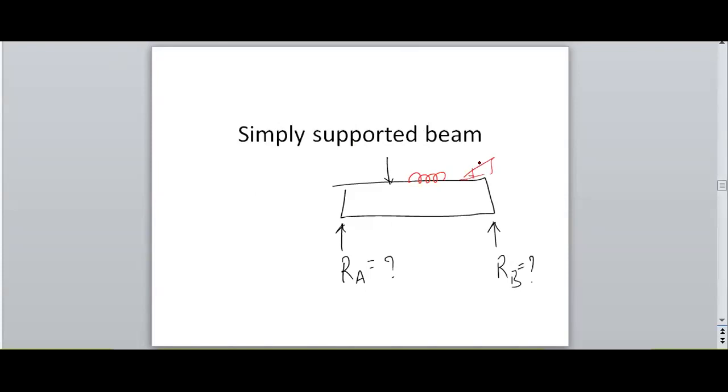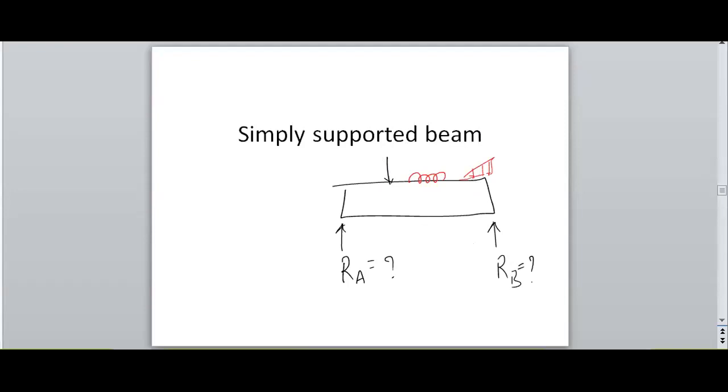Due to these external loads, we need to find the reaction forces RA and RB. Then we need to proceed with the procedure.